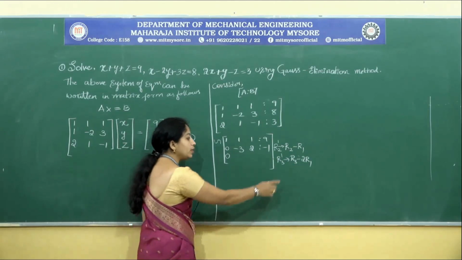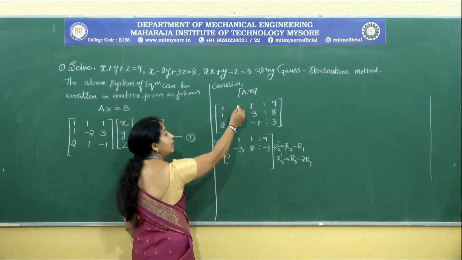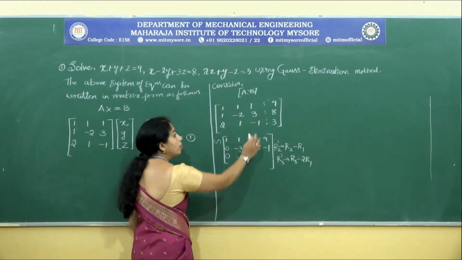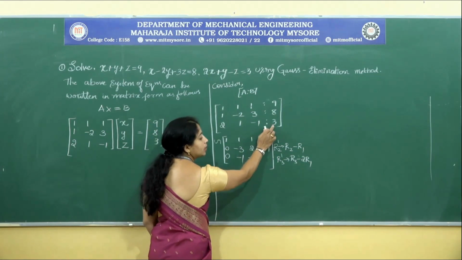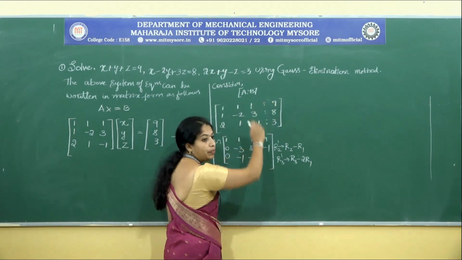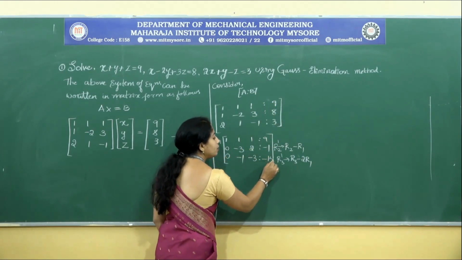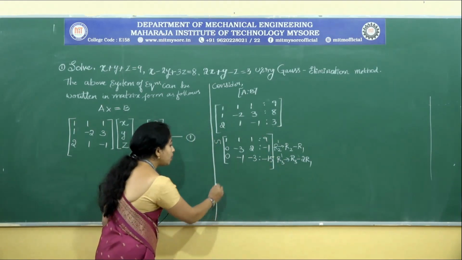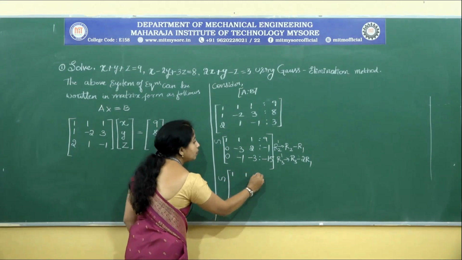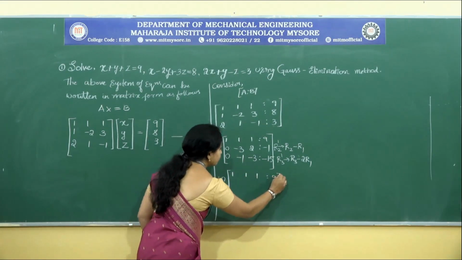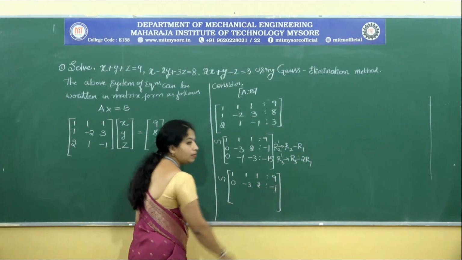See the third row operation, R3 dashes R3 minus 2R1, 1 minus 2 is minus 1, minus 1 minus 2 is minus 3, and the last element is 3 minus 2 times 9, 2 times 9 is 18, 3 minus 18 is minus 15. Again this matrix is equivalent to, write the first two rows as it is, 1, 1, 1, 9, then 0, minus 3, 2, minus 1.